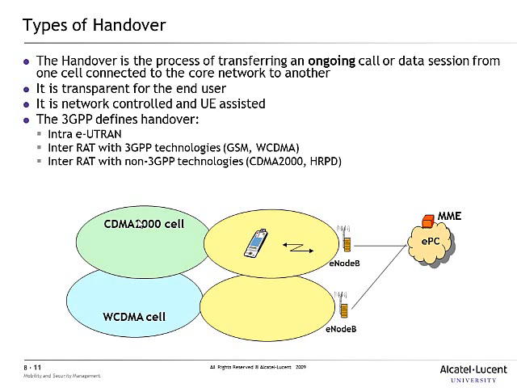Now the soft handover is a handover where you maintain two radio links. In the case of 3G networks, we had these soft handovers where a UE was simultaneously connected to two different base stations, and both uplink transmission and downlink transmission were simultaneously performed.